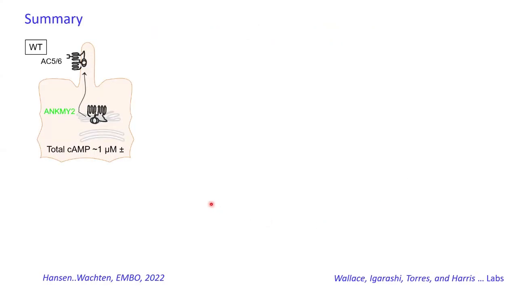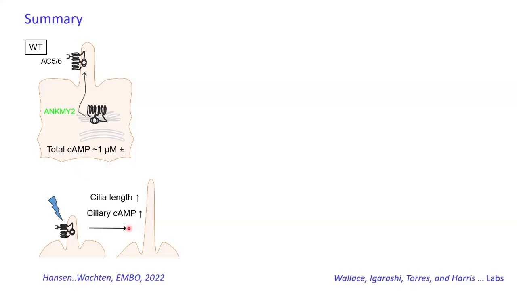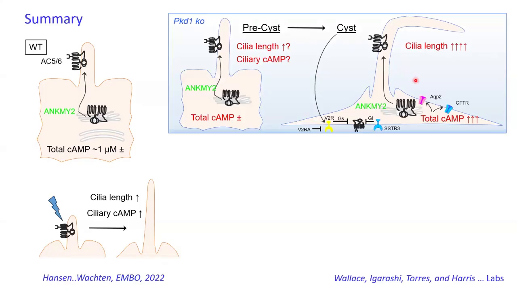The summary: in wild type, ANC-MI2 is helping the maturation of ACs, and these stabilized ACs can localize to the primary cilium. And we know from Watson's lab that photo-activated ACs inside of the cilia increase the cilia length. So cyclic AMP levels in cilia determine the cilia length. We see that cilia length is increased in the adult PKD1 knockout cystic condition.